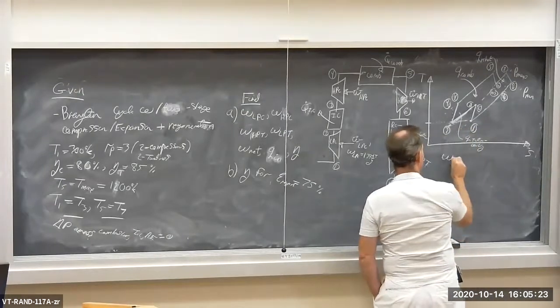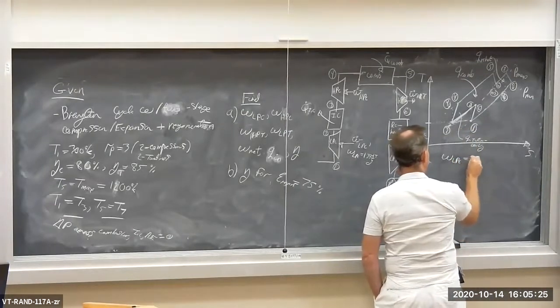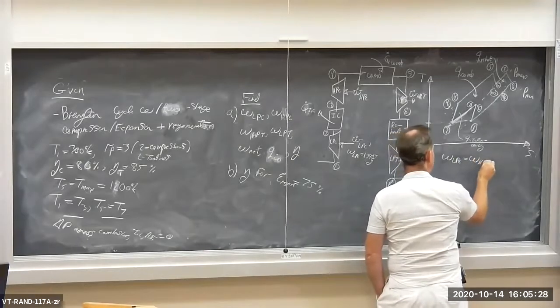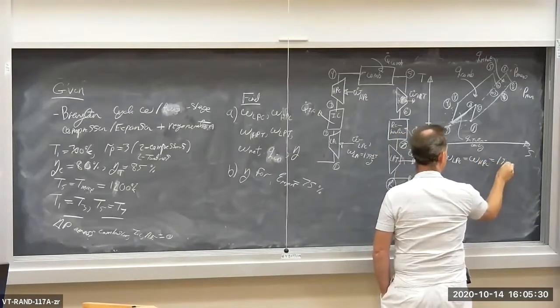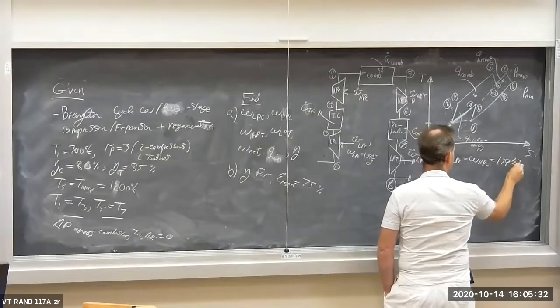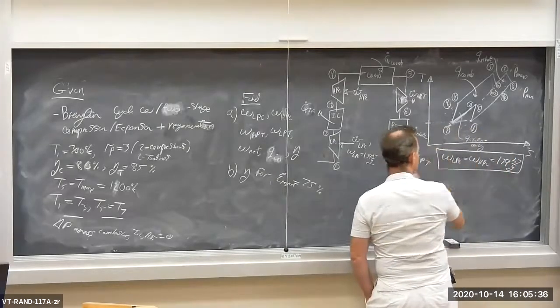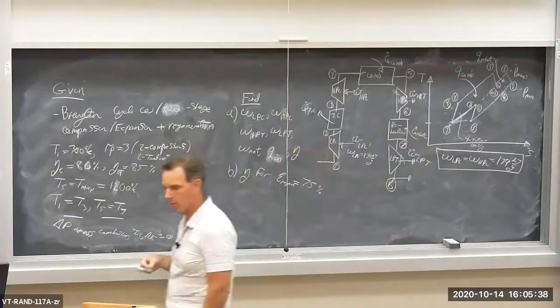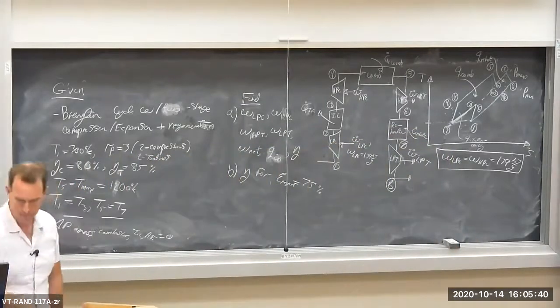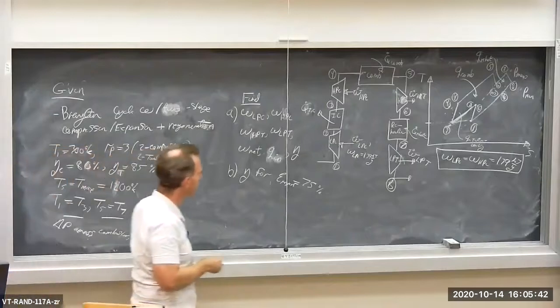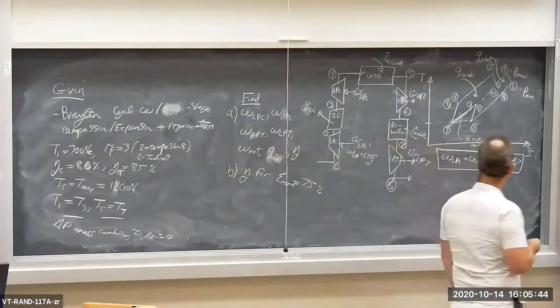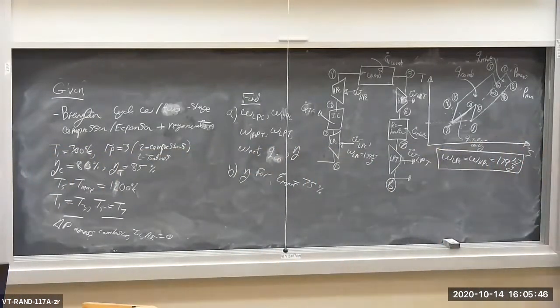So WLPC equals WHPC, 139 kilojoules per kilogram. Okay, it's both the same. All right, let's calculate the specific work.